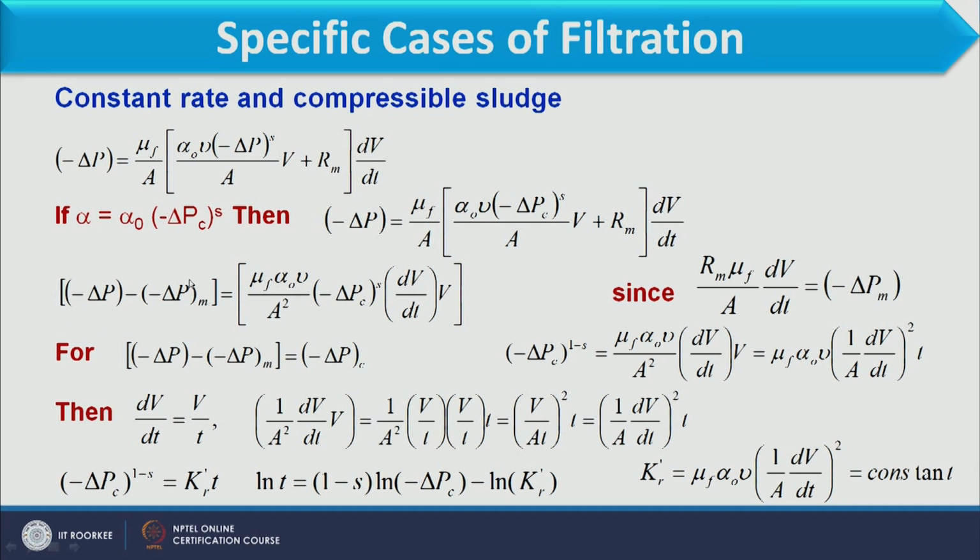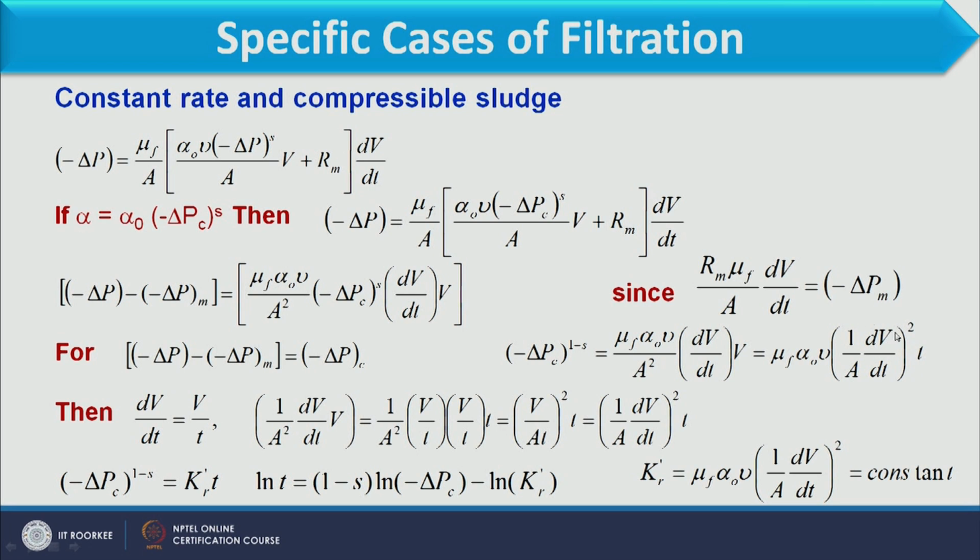This would be nothing but the pressure drop across the cake. So the final equation would be pressure drop across the cake power 1 minus S equal to mu f alpha naught V 1 by A dV by dt whole square into T.